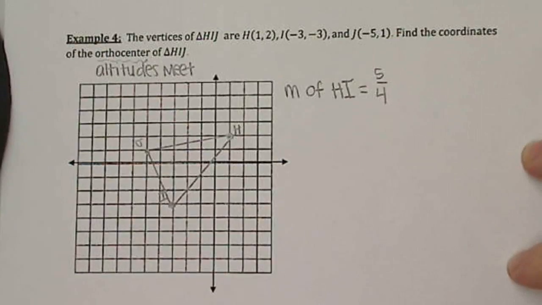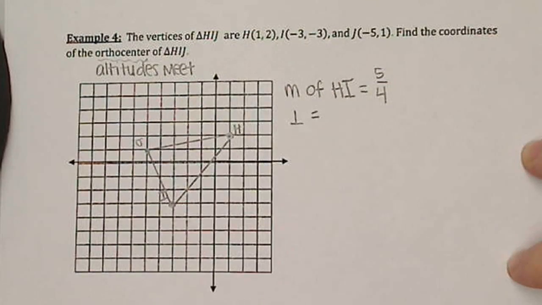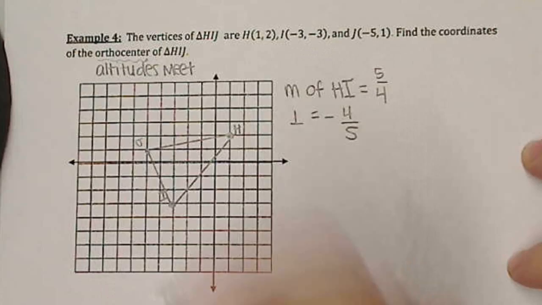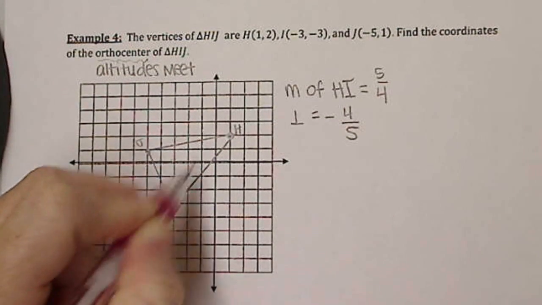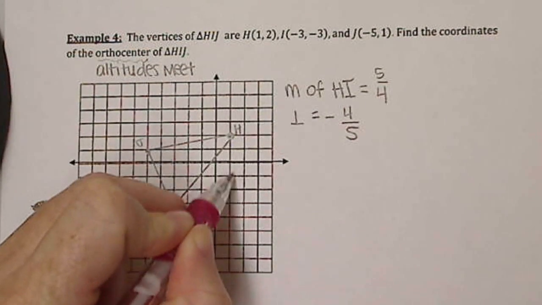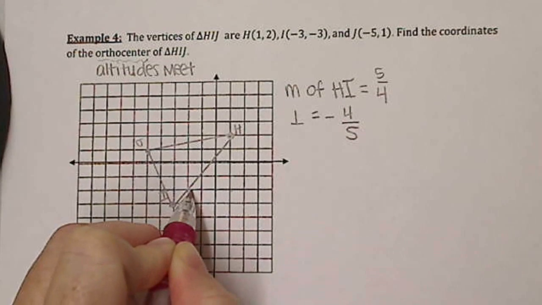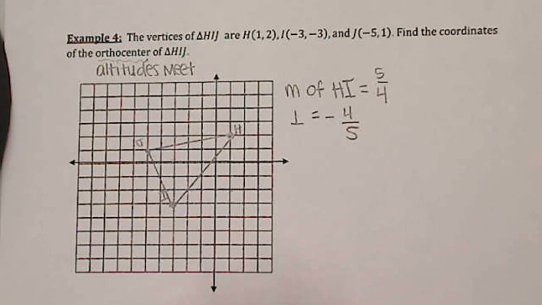So the altitude is perpendicular. That is going to be -4/5. So if I go -4, 1, 2, 3, 4, 1, 2, 3, 4, 5. Okay, that's going to be perpendicular.